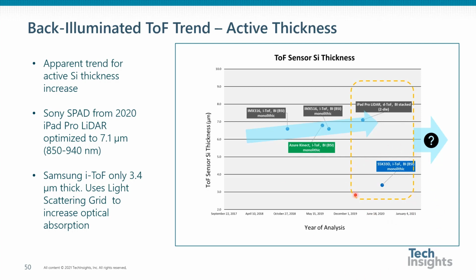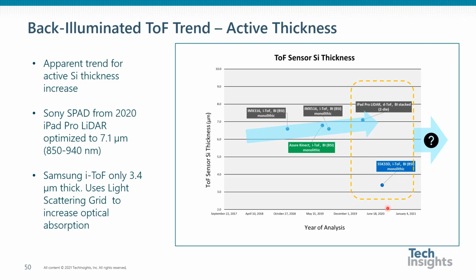Samsung introduced a time-of-flight sensor this year, which we will review later on in this chapter, that takes advantage of certain design features to improve the signal absorption. And so its thickness is not very high, 3.4 microns.